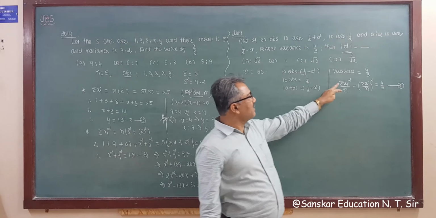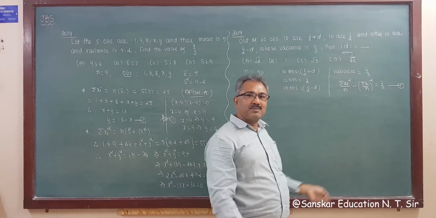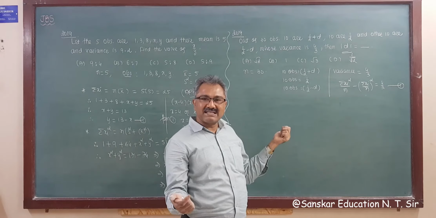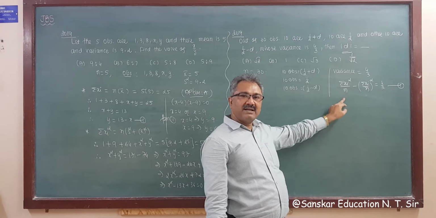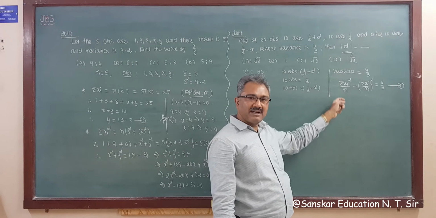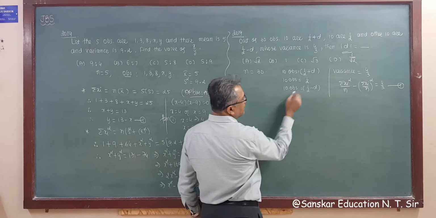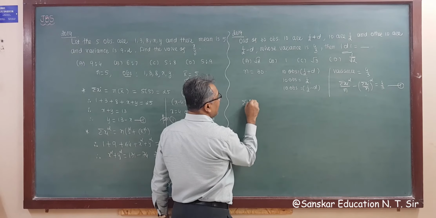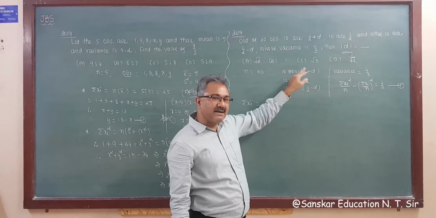Then we have to find out sigma xi upon n. Sigma xi is first required, then divide by the total number of observations, 30. We get sigma xi upon n, that is x bar, and sigma xi square divided by the number of observations. So sigma xi means the sum of all observations. So sigma xi is equal to: 10 observations are half plus d, so 10 times half plus d.